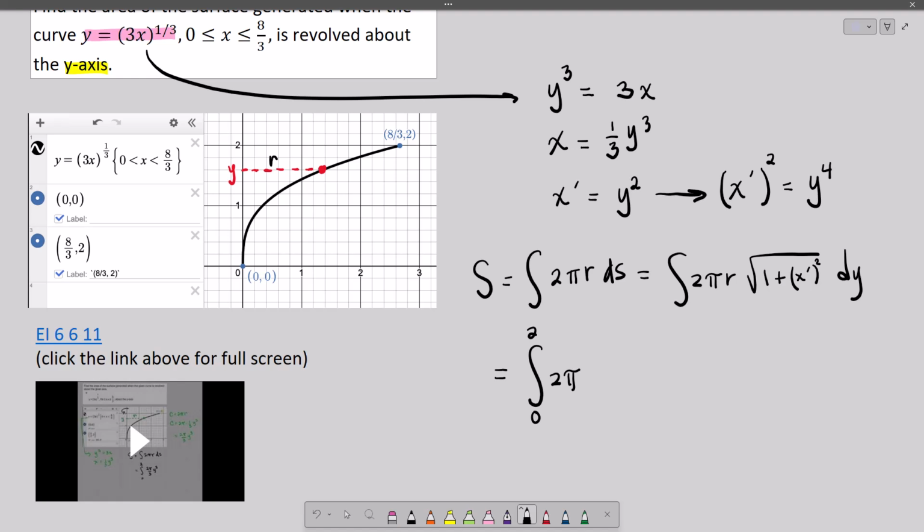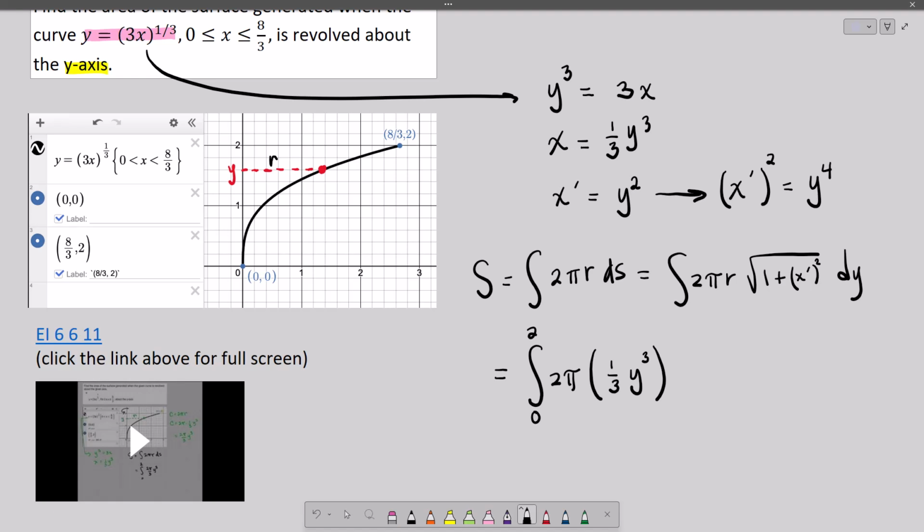This function is now measuring horizontal distance from the y-axis. When we isolate x in the function, it's measuring from the y-axis over to the curve. That's what r is representing. It's representing the distance from the y-axis, the axis of rotation, all the way over to the curve. That's what the radius is asking. What is that distance? And we can say, oh, well, it's 1/3 times y cubed. So there's the radius.